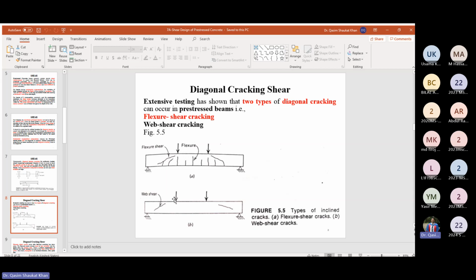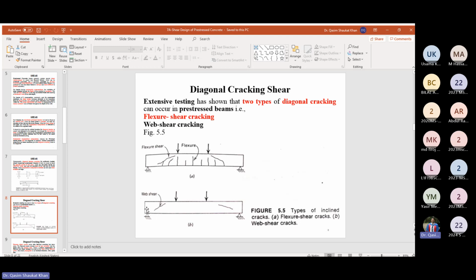The second type of cracking is the web shear. We know that the shear is maximum close to the face of the support. Why at the face of the support?